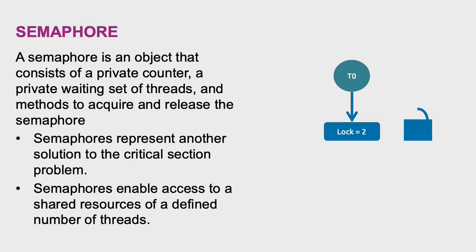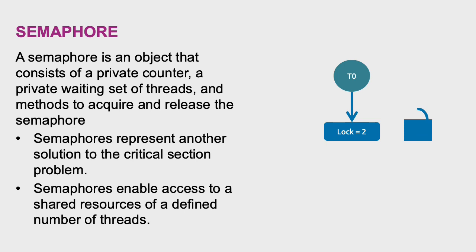Well, semaphore answers the requirement to enable access to a set of shared resources to a defined number of threads. Let's consider the example on the right-hand side of this slide. Basically, we have the semaphore, and the main difference with the lock is that the variable can represent the number of threads that can access the resource.